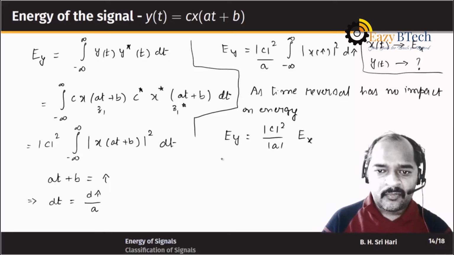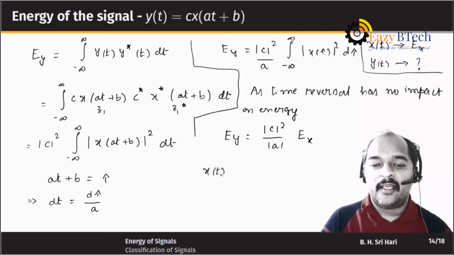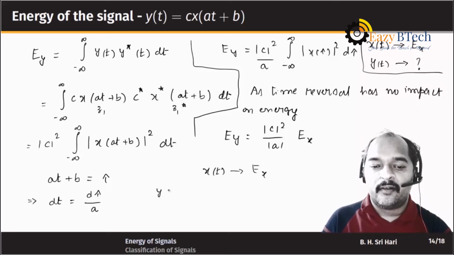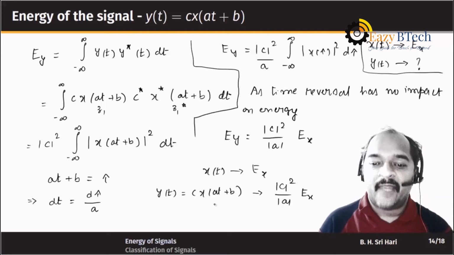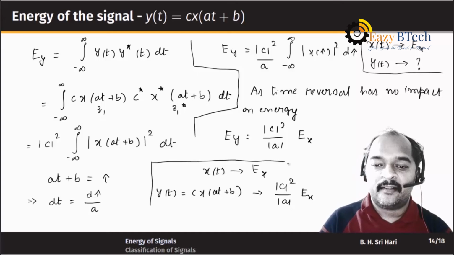So if x of t has energy equal to Ex, then y of t equal to c times x of at plus b will have modulus of c whole square by modulus of a times Ex as the energy of the signal. So this is an important and nice result.